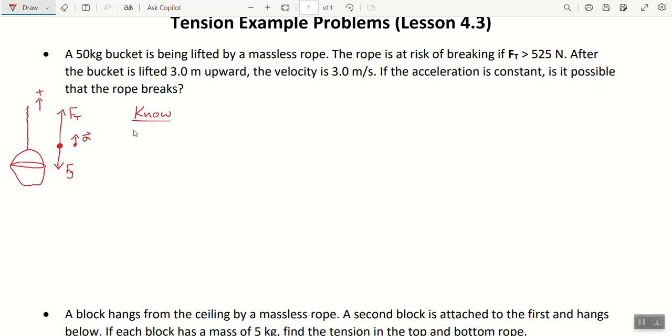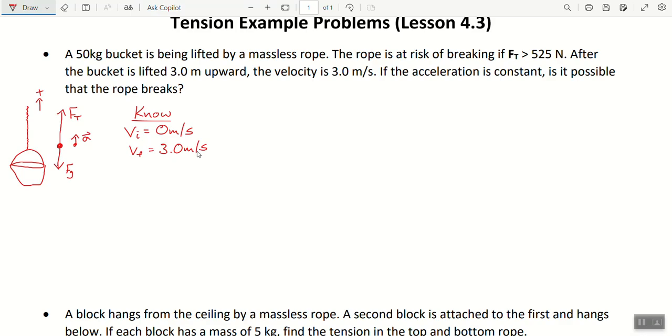It doesn't specify here, but we're told that after it's lifted 3 meters upward, the velocity is now 3 meters per second. It doesn't explicitly state it, but what is it reasonable to assume it started at? 0. So I like that you identified the velocity, Sean, but let's say that our initial velocity is 0 meters per second, which means according to this problem, what's our final? 3 meters per second.